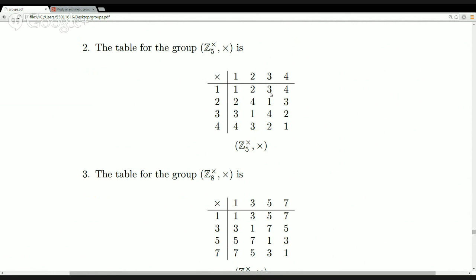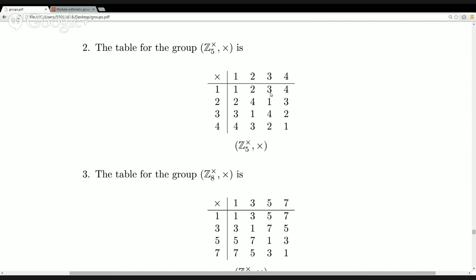Now what about Z8? Is Z8 cyclic? Are there any generators for Z8 under multiplication modulo 8? Well, there's its Cayley table, at the bottom of the screen.